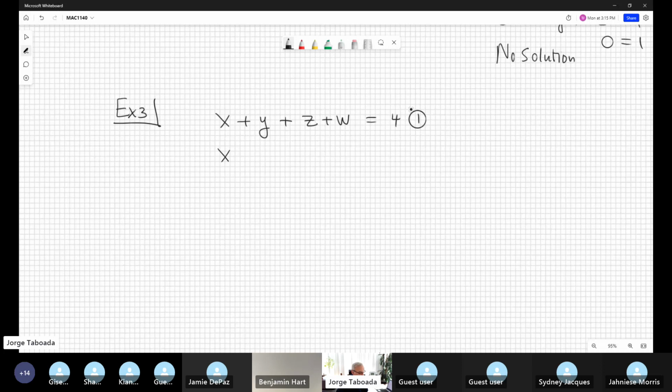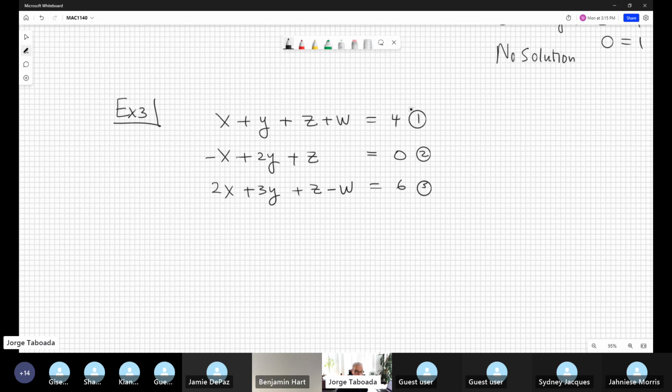Second equation: minus X plus 2Y plus Z, no W, it is missing in the second equation, equals 0. Third equation is 2X plus 3Y plus Z minus W equals 6.